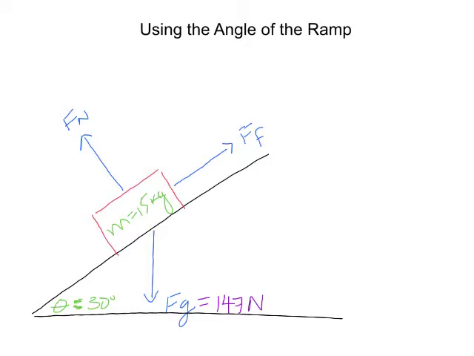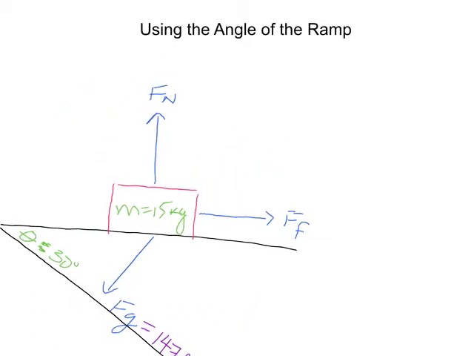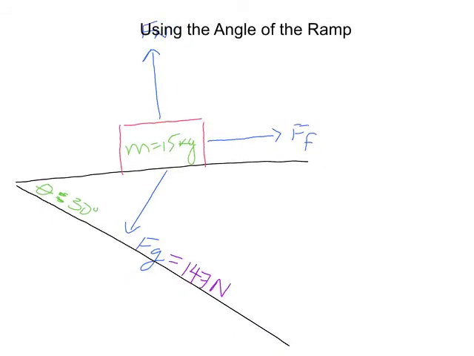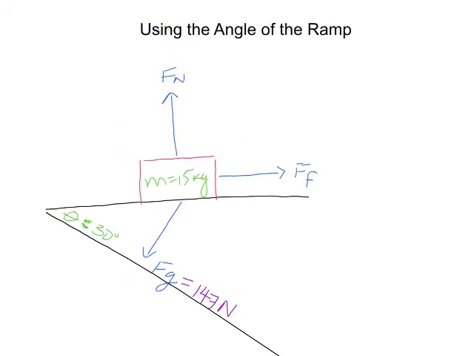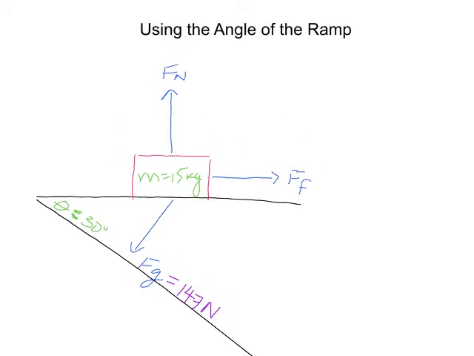Especially since the only force we know right now is gravity, it'll be easier to break that up into components. So what we do in physics is we rotate, and your diagram ends up looking like this. Normal force is vertical, frictional force is horizontal, and it's the gravitational force that we have to break into components.